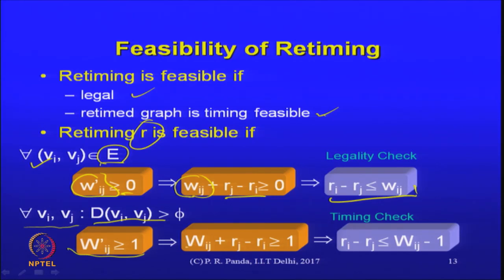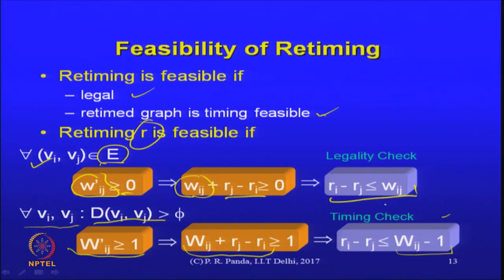That path weight was again this. The change depended on the changes at the extreme r's. It does not matter what is there from ri to rj. This is not just one edge, but any number of edges. The new path weight is only a function of the extreme values. That needs to be greater than or equal to 1. If I just rewrite it, ri minus rj is less than or equal to this. That is my timing check.